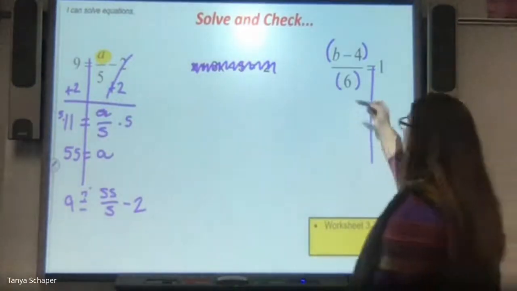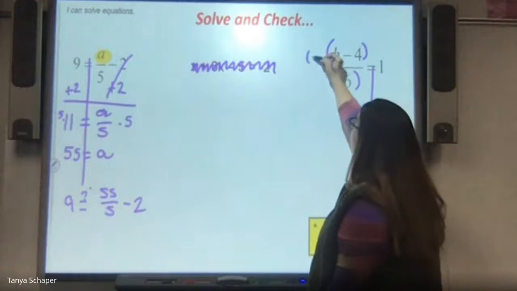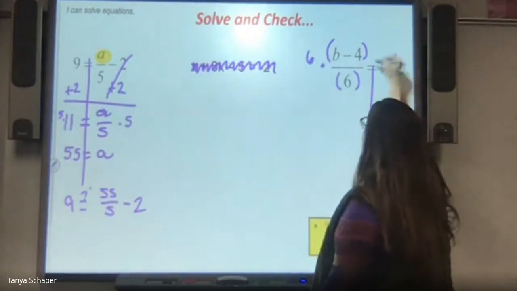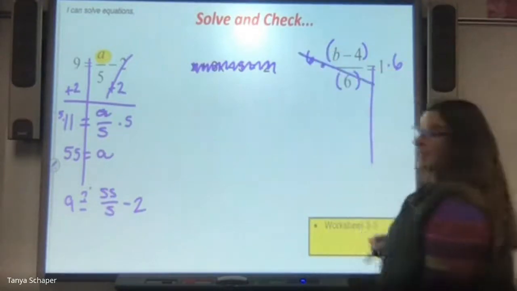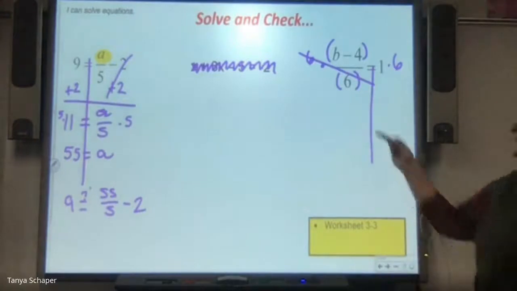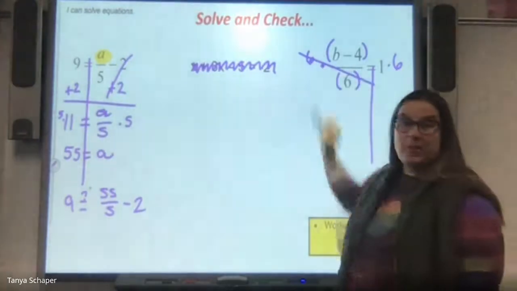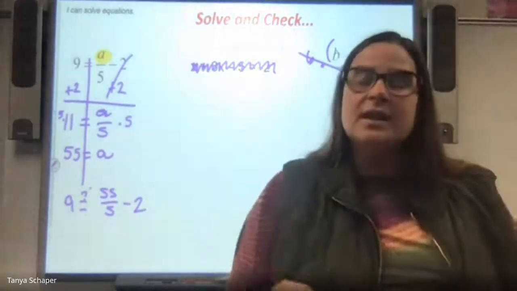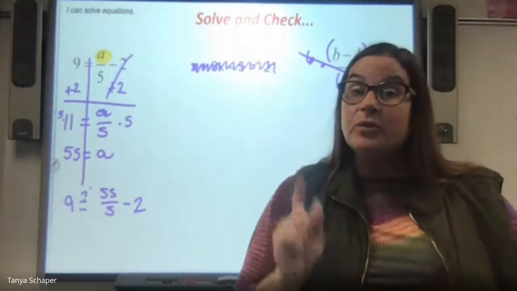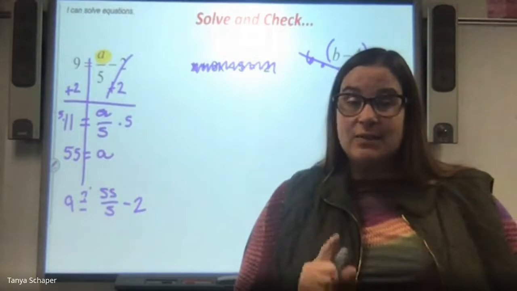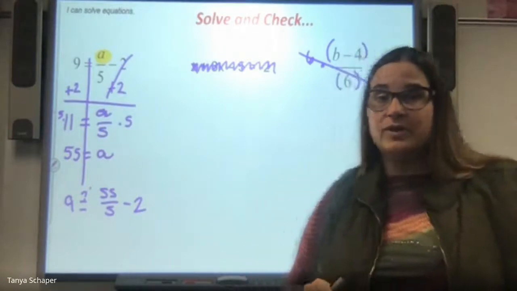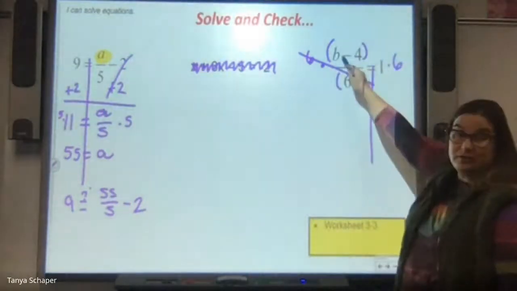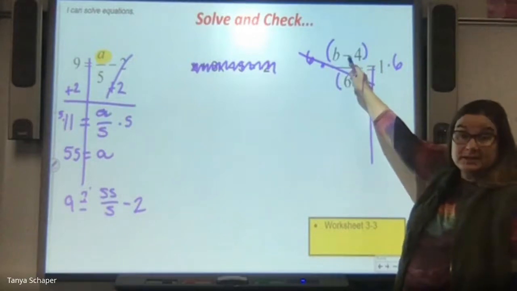So what I'm going to do is start by multiplying both sides by 6. That cancels it out. I'm undoing this division to multiply. Now you might say, but you said we're supposed to add or subtract first. That's right. But the grouping symbol is the last thing we tackle when we're solving equations. That's why I'm not messing with this right now. This is a grouping symbol.